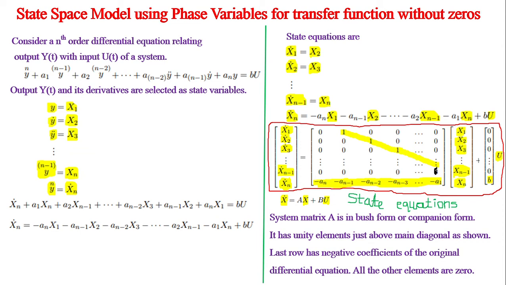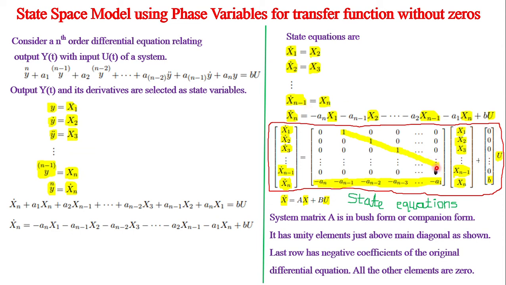So if we see all these elements, corresponding to xn dot: minus an, minus an minus 1, minus an minus 2, etc., minus a1. Then corresponding to u it is b. There is no influence of u on the other state equations, no u term, so 0, 0, 0.